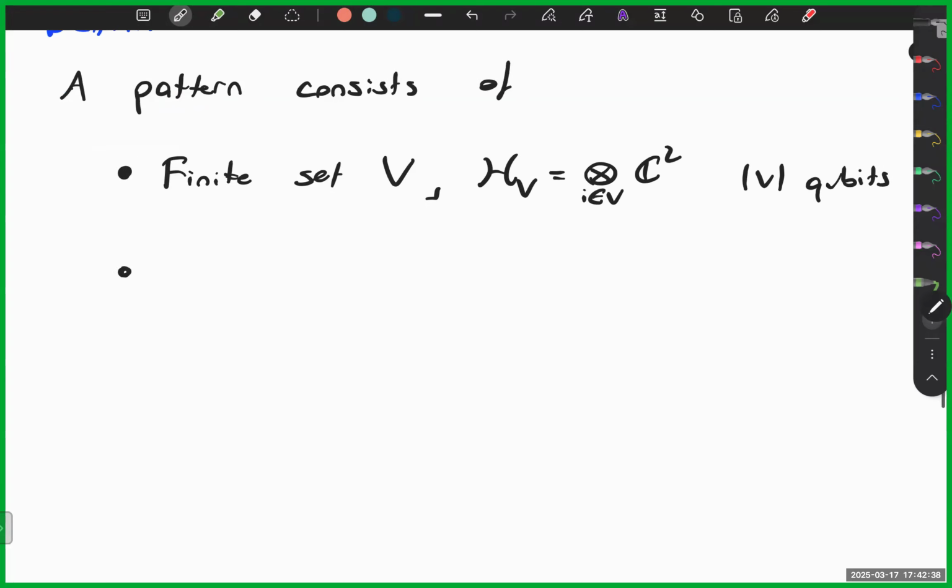And also we have the inputs and outputs, which are subsets of our general configuration space V, and they also have their associated Hilbert spaces that we denote with HI and HO. Those we denote with I for inputs, and O for the outputs.